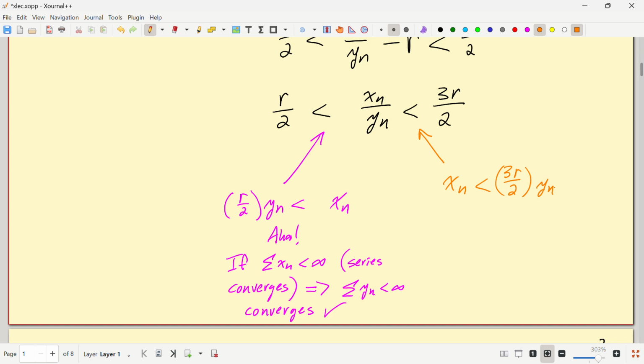And so this time we would see that if the sum of the yn's converges, then of course the xn's too, because I could compare it by this ratio here. So the summation of yn less than infinity would imply the same about the sum of the xn's. Okay, so that's the if and only if convergence thing, all right?